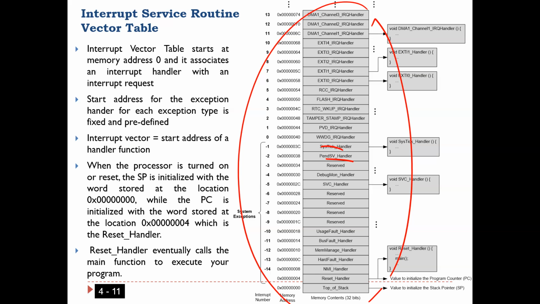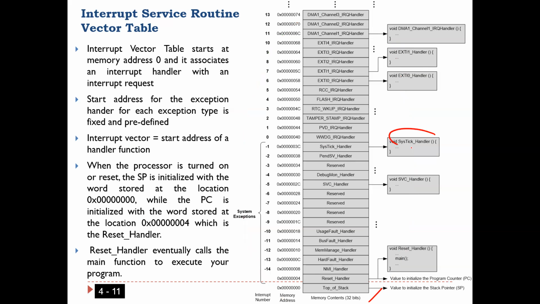Is that okay? All you have to do is that for every interrupt subroutine, there is a name for the function. The name of this function is already written here, or the address of this one is already defined here. So every time you want to use an interrupt, you have to use specific names.